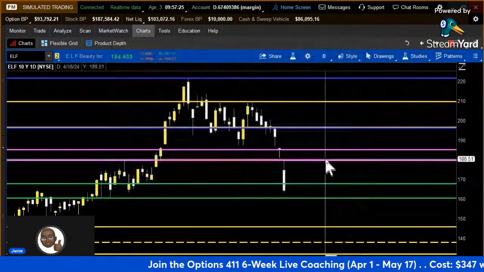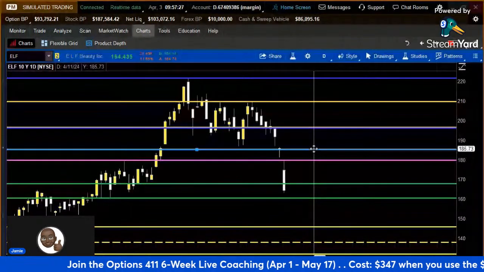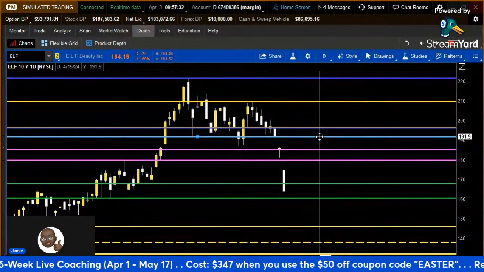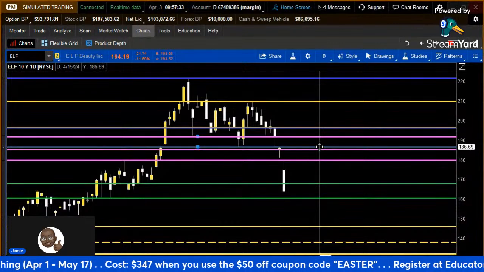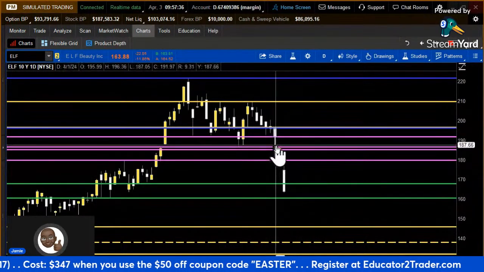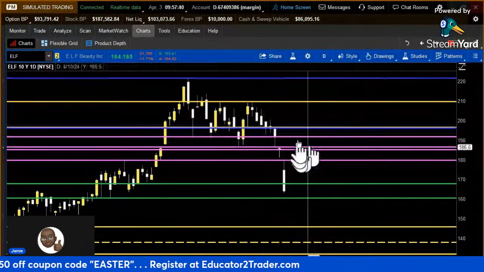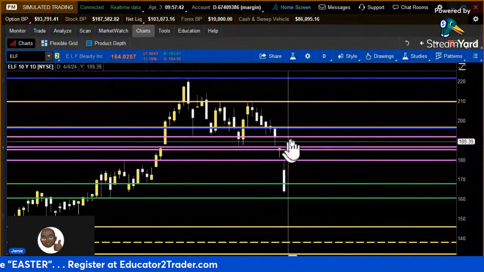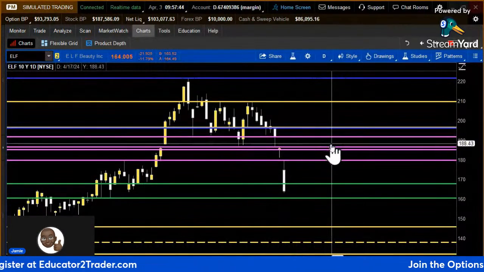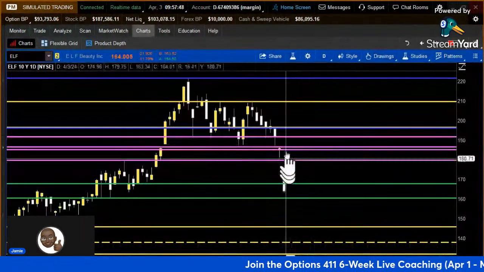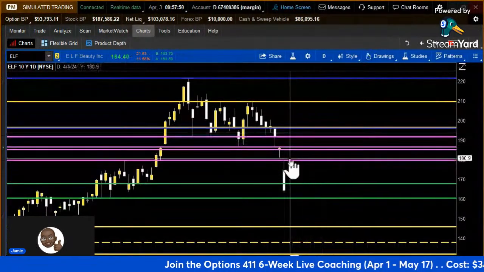All right, so let me break down what this means for us when we're trading. What I see is because this is sandwiched between two gaps, that means you have support up here. So this is a good buffer area. Let me rephrase the word good, because this is not investment advice, but how I look at it is this is like a buffer area.